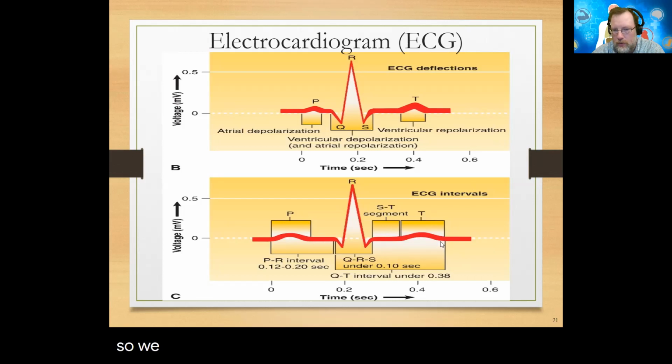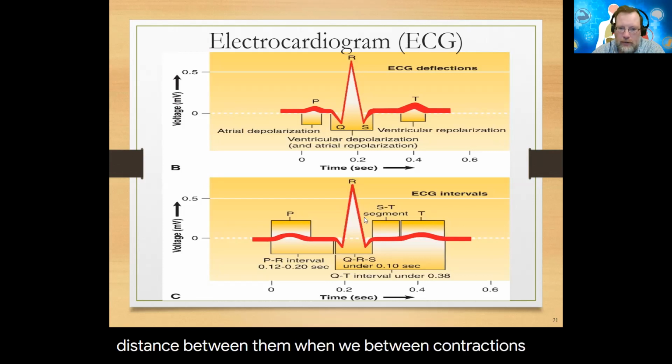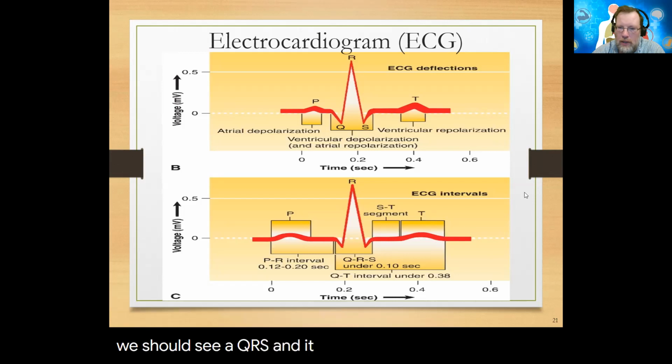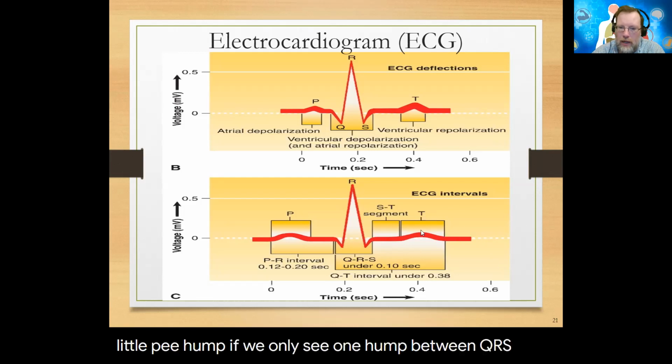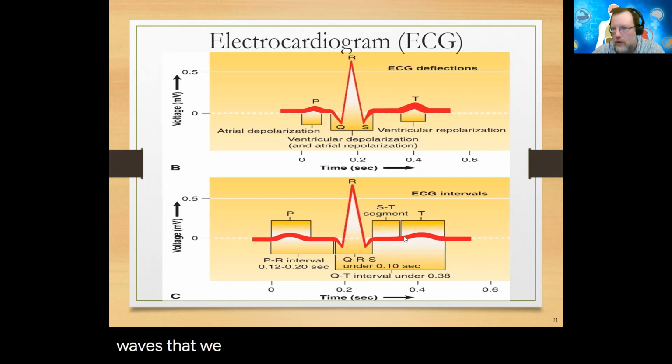So we should see two little humps with a little bit of a distance between them between contractions. If we only see one hump between QRS waves, we have to determine, is it the P wave that's missing or the T wave that's missing?